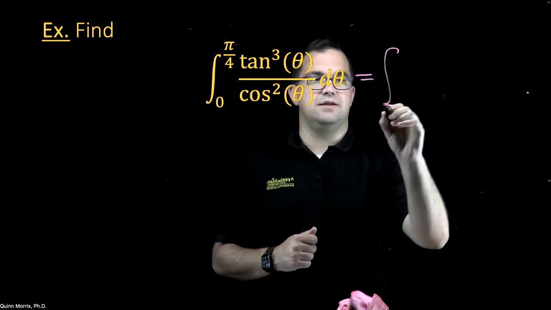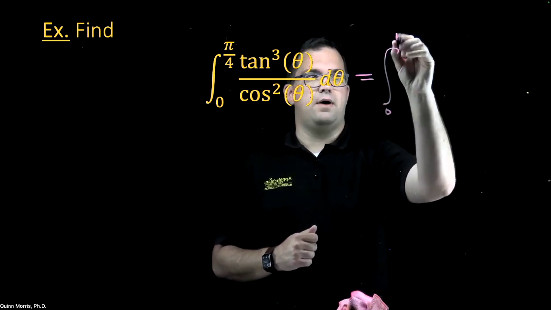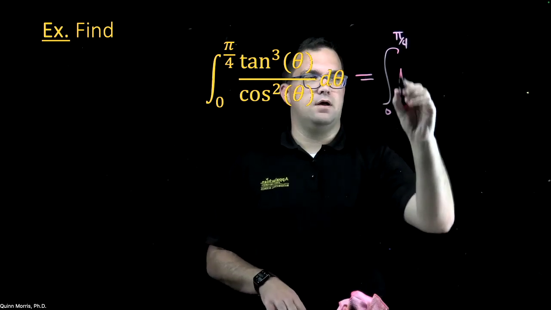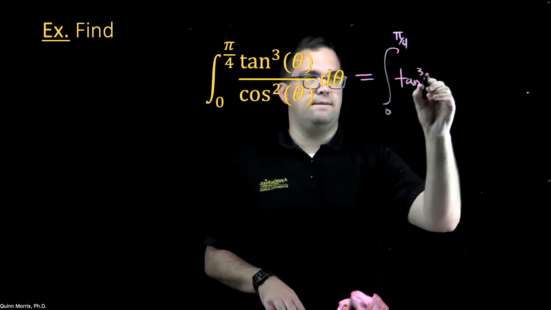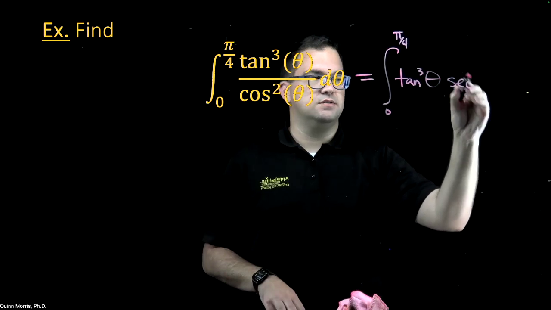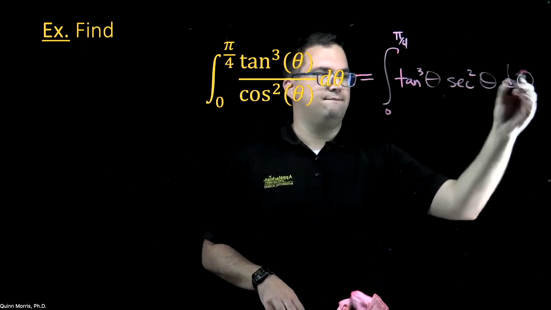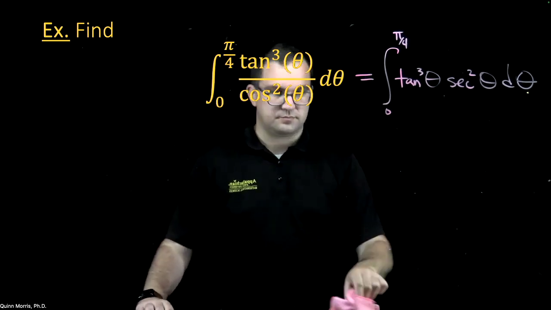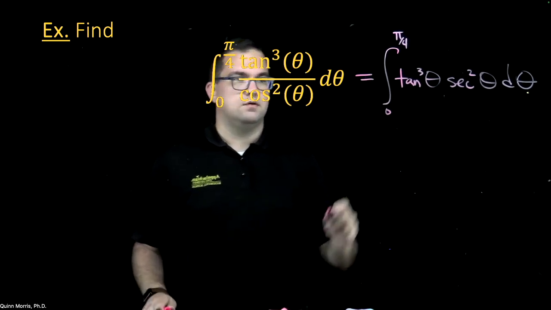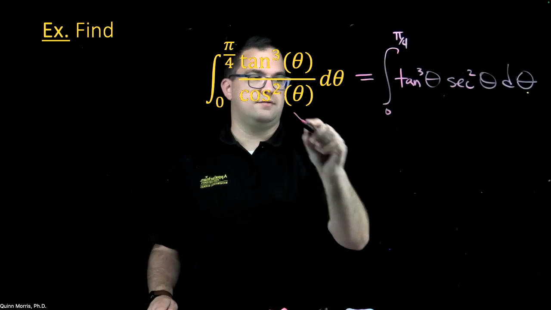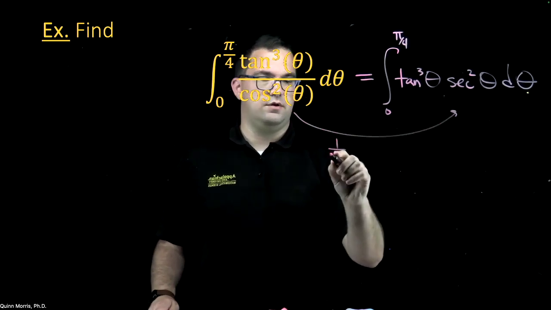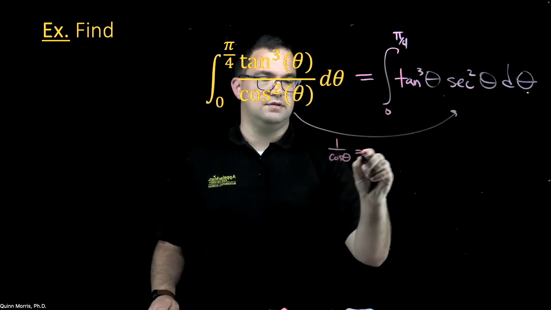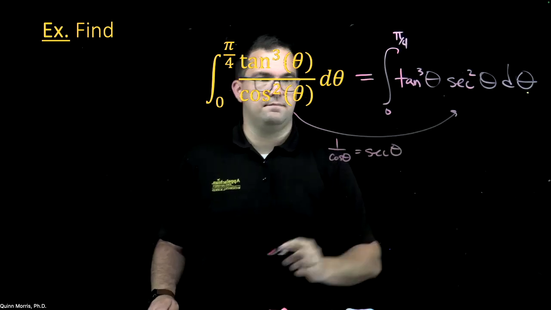I can rewrite this as the integral from 0 to pi over 4 of tangent cubed theta secant squared theta d theta. All right, that's making a horrible squeaking noise. And again, here I'm just using the fact that 1 over cosine theta is equal to secant theta.